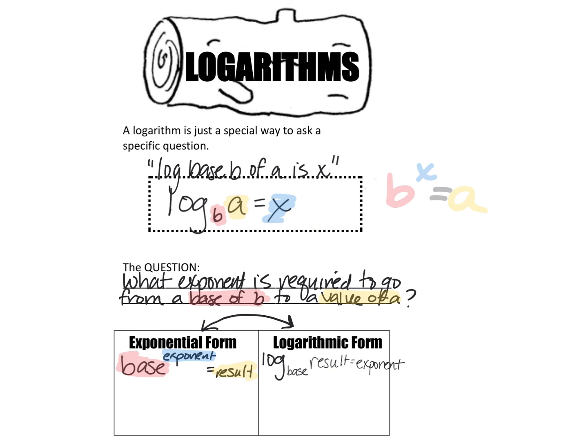So notice how the base is still the base. It's just a tiny little subscript. And then the result and the exponent changed positions. They kind of swapped. We had to add that little logarithmic notation. So as you can see above, this would look like b to the x equals a, and this would look like log base b of a equals x.